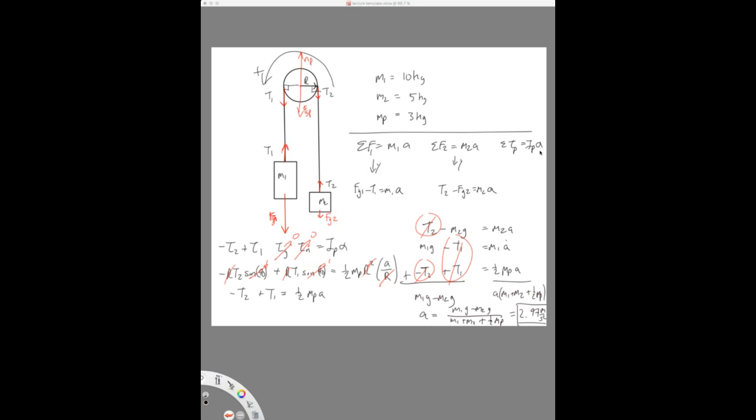But at the end, once we put in our torque formula and the formula for moment of inertia and the formula for alpha in terms of A, we can make it all look like linear equations. Or it's possible to go the other way and try to make everything look like rotational equations, but I tend to like this way better.